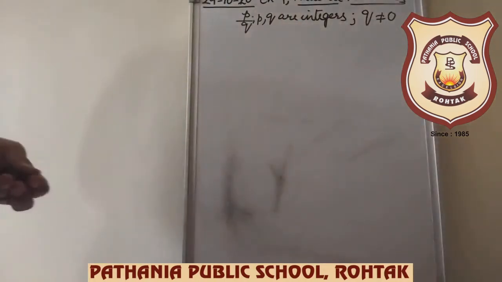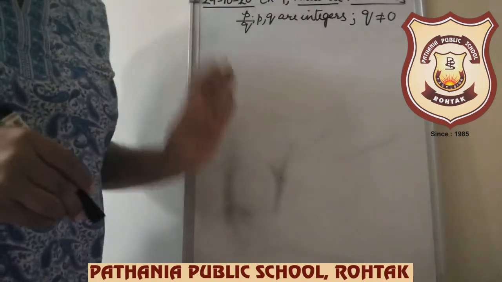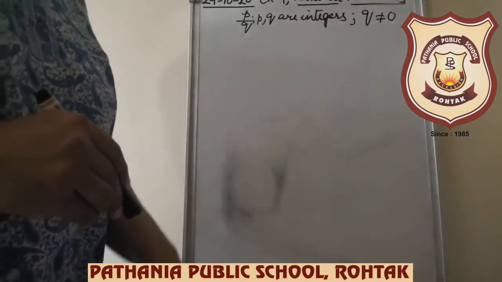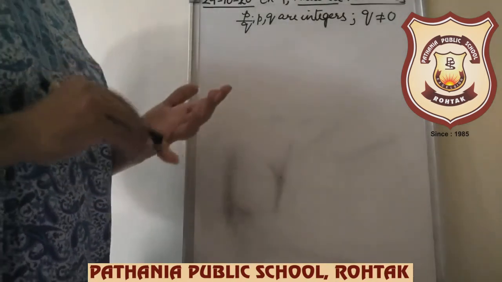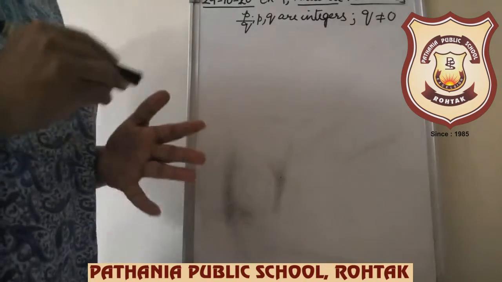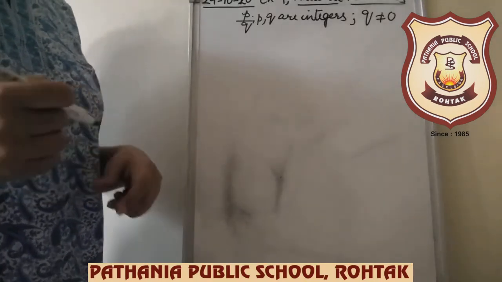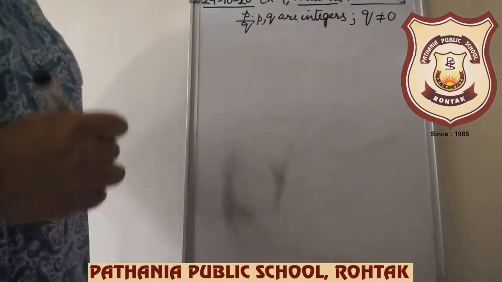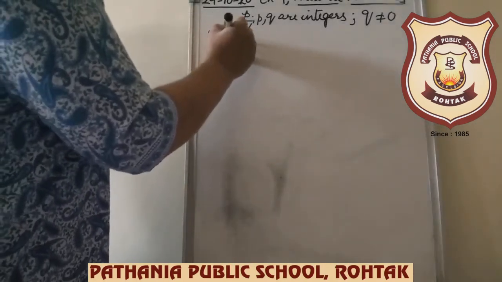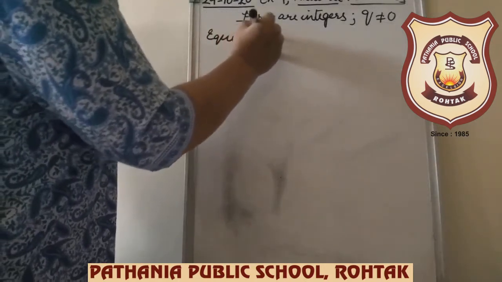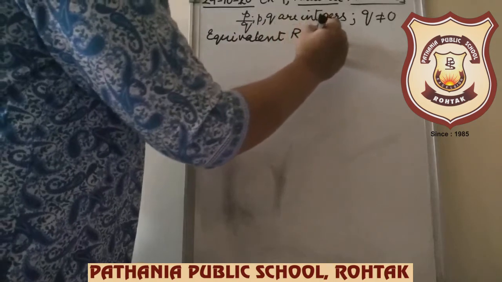So this is the definition of rational number. In our previous class, we have done number line, the standard form, the absolute value. Now we are going to write the equivalent rational numbers.